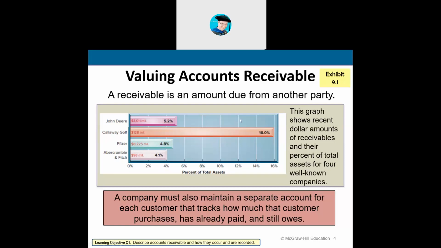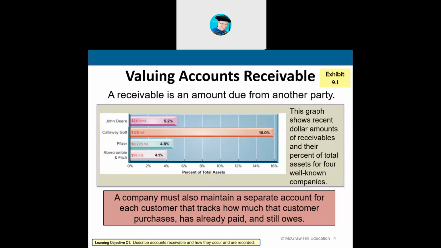In this example, we have a couple of different companies. We've got John Deere, Callaway Golf, Pfizer, Abercrombie & Fitch. I think they're all still in business. They are. I know they are. We can see that for Callaway Golf, 16% of their total assets is tied up in accounts receivable. That's high. That's a lot.